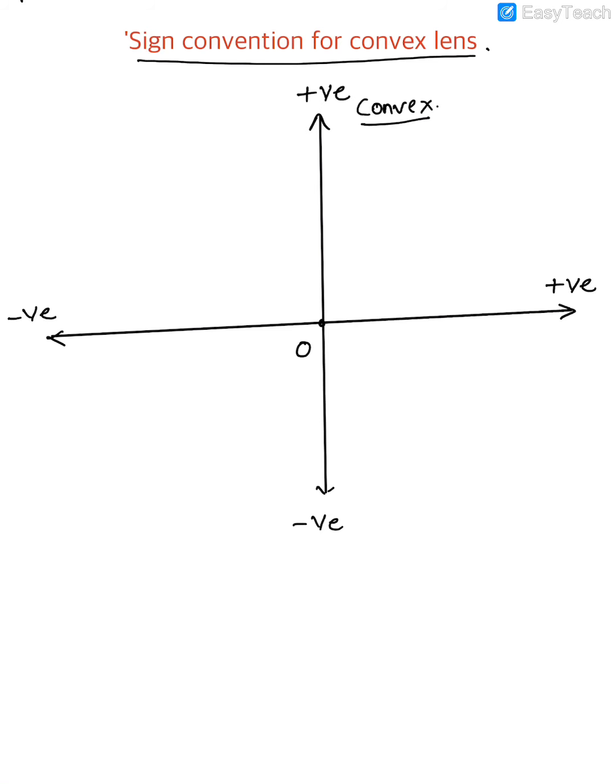So first let's say we have placed an object over here. So there is an object O. I'll just write the notations now. So what do you mean by O? O is referred to as object size, or you can say object height or size. Now first, object O, in what direction is the arrow of this object going?